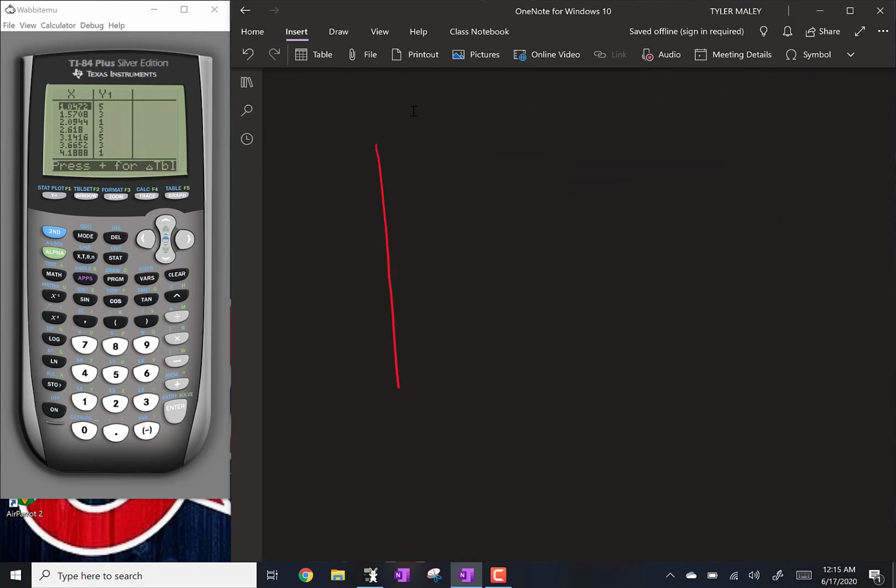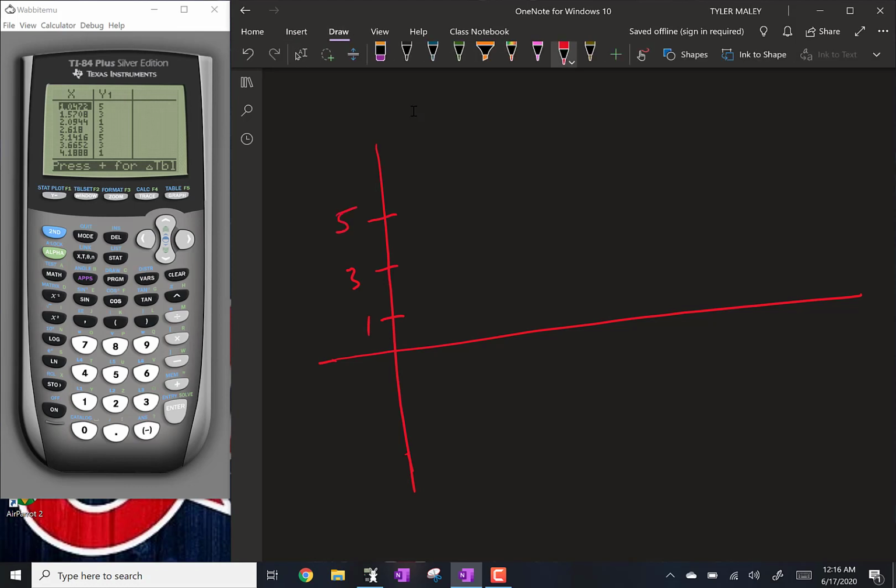So then to be able to graph this, need to plot all of our points. So we have 1, 3, 5. Right, so right down the center is going to be almost like a dashed line, right, where it cuts the graph in half.